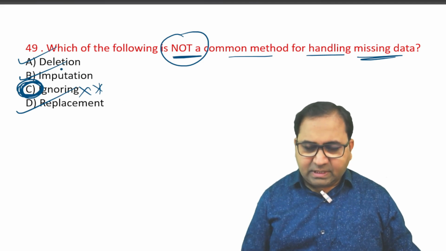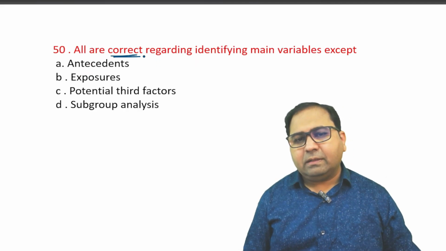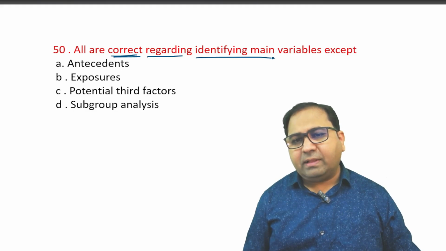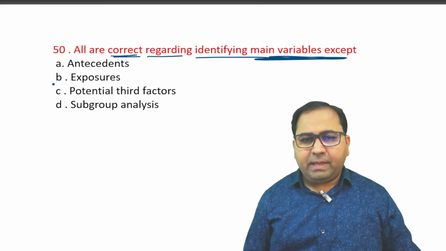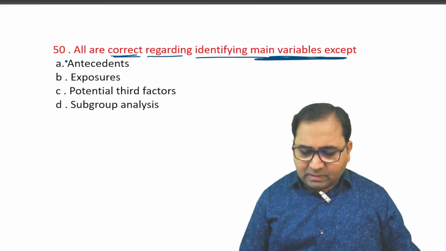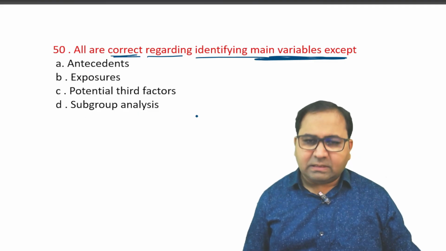Then last question. All are correct regarding identifying the main variables except. Options are A. Antecedents, B. Exposures, C. Potential third factors, or D. Subgroup analysis.